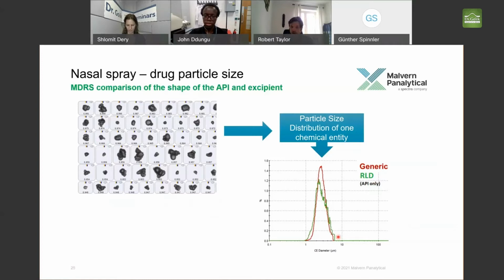Okay, but if you're only able to capture all the particle sizes that are present, then you wouldn't necessarily get bioequivalence there, because the vast majority of those particles will be excipient. Okay, so that's the power of the MDRS technique, to isolate what is relatively low concentrations of active ingredient and then compare that between two different products.